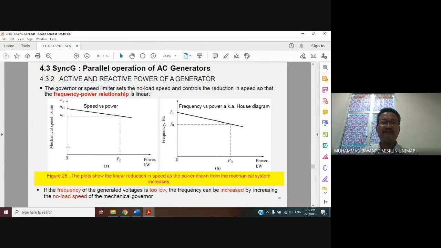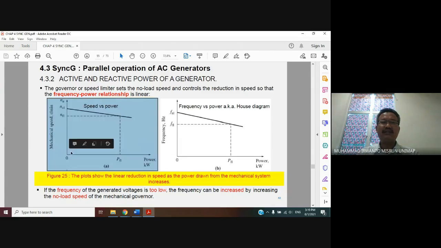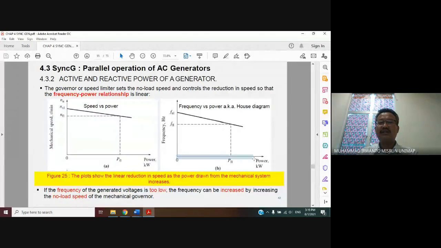So we can see here, this horizontal axis is the power, and the vertical axis here is the speed axis. And remember there is a relationship between speed and frequency.